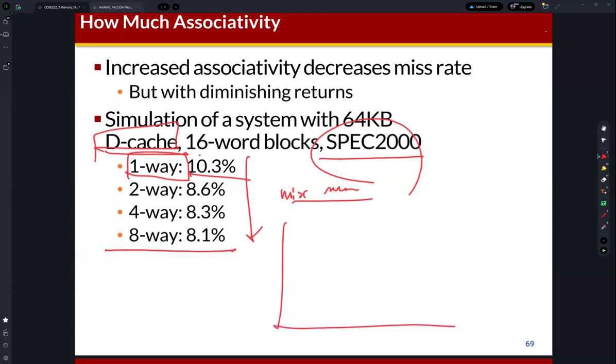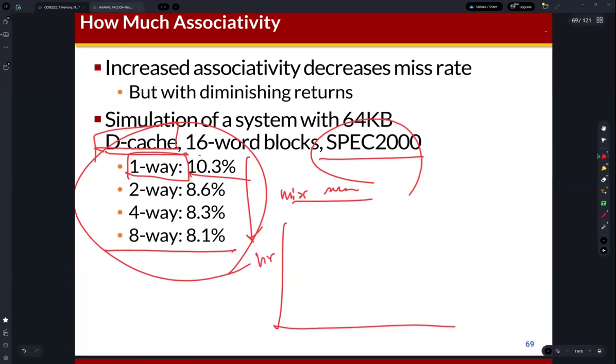But if you look at the hit rate, this is the hit rate, and this is the set associativity, then we can observe the hit rate is usually saturated. It's not linear to the set associativity of the cache.